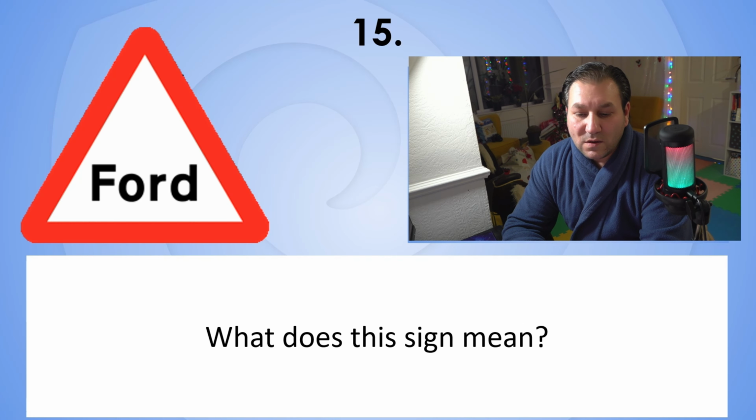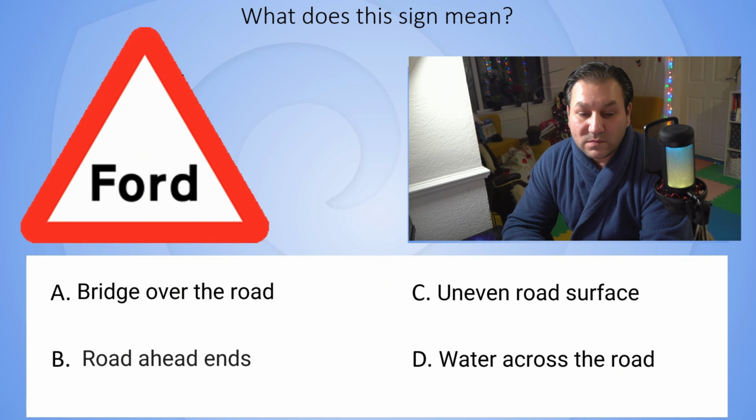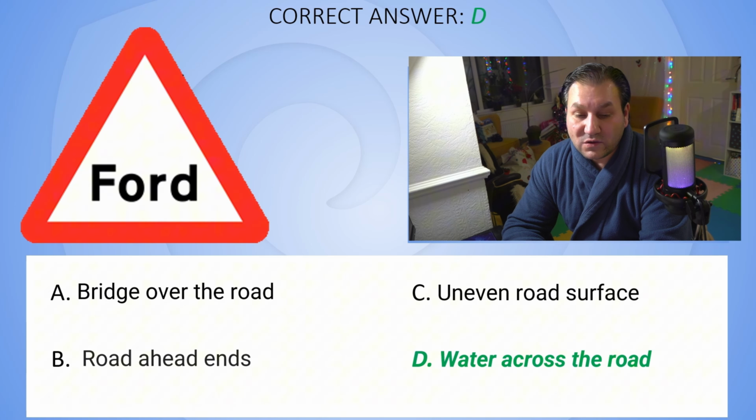15. What does this sign mean? A. Bridge over the road. B. Road ahead ends. C. Uneven road surface. Or D. Water across the road. The correct answer is D. Water across the road.